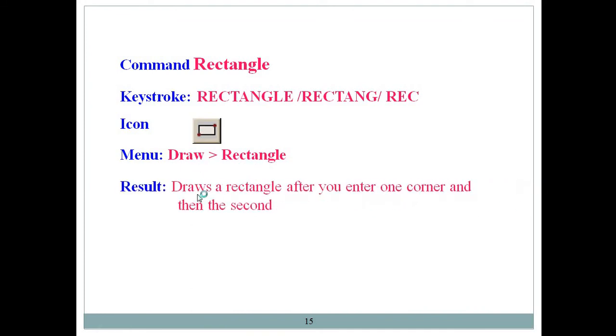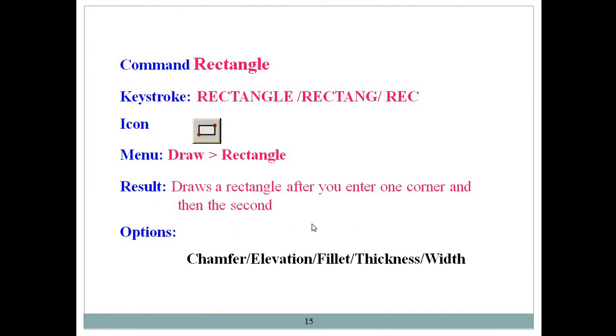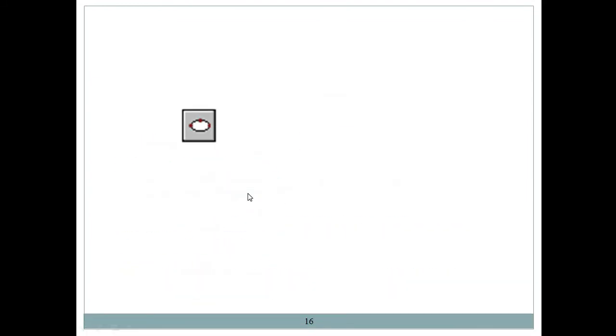The result is to draw a rectangle after you enter one corner and then the second corner. That means your drawing depends on one corner to the other, second corner. These are the options needed for determining the drawing of the rectangle.